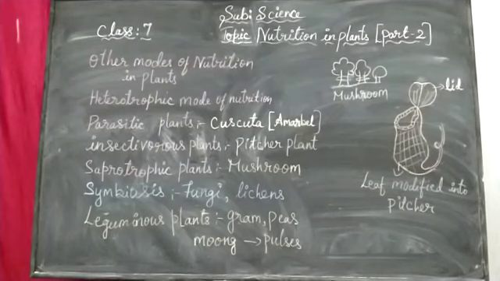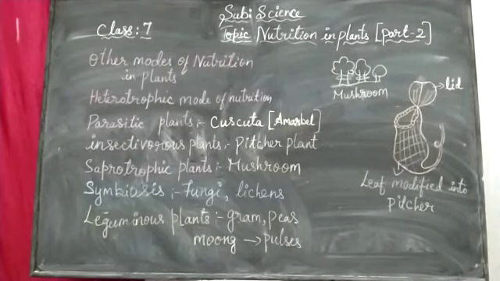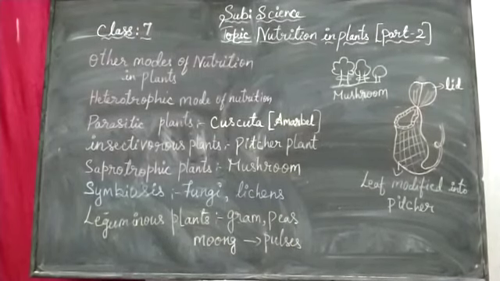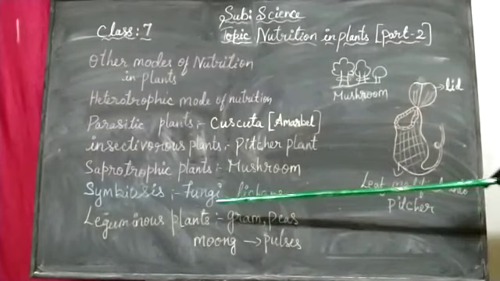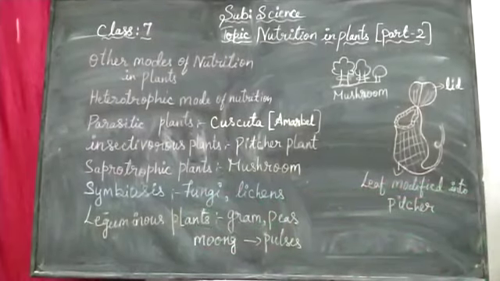The bacterium called rhizobium can take atmospheric nitrogen and convert it into a usable form. But rhizobium cannot make its own food. It is again coming to the type of symbiosis. Here, which are the partners?